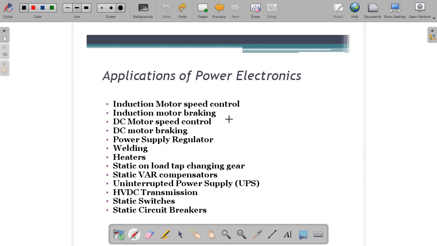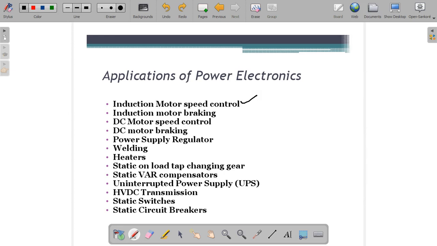The first one is induction motor speed control. The speed of an induction motor can be varied by methods named AC voltage control, voltage by frequency control, rotor resistance variation control, slip power recovery system control, etc.